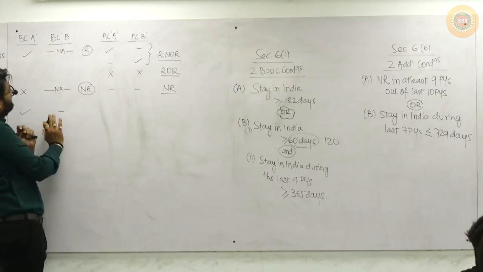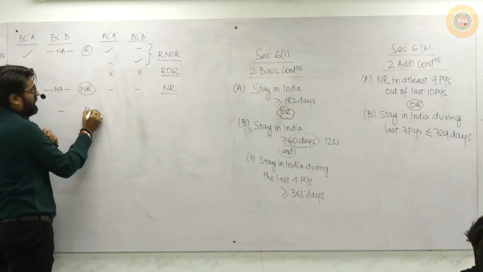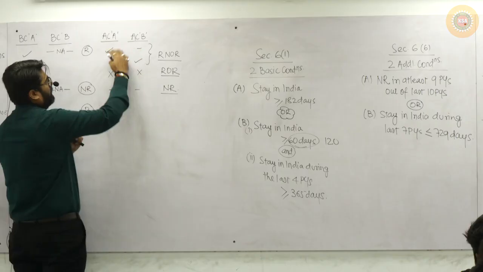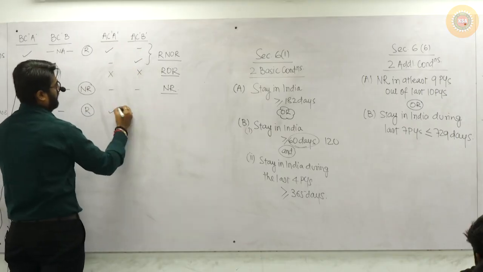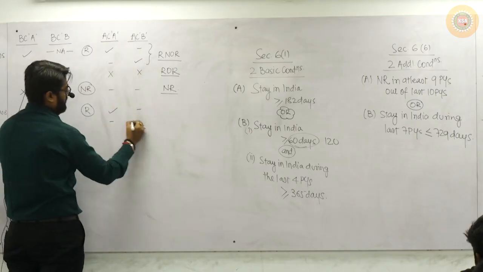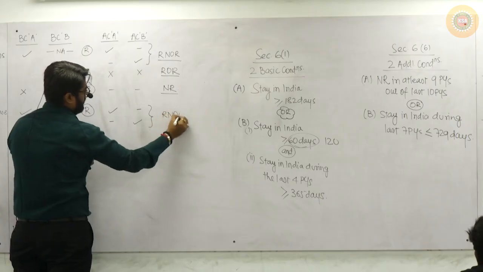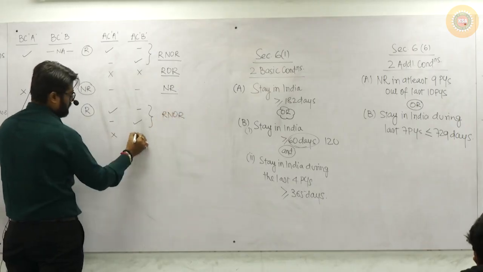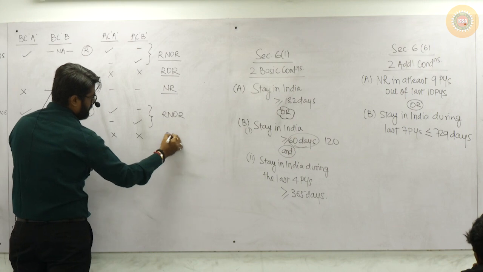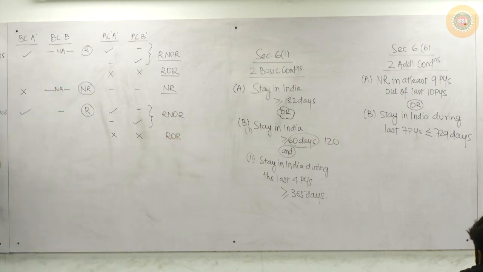So no need to go to basic condition B. Directly call yourself. Copy paste. Tick, dash. Dash, tick. You will become RNOR. Yes or no? Cross, cross. You will become ROR. Understanding?